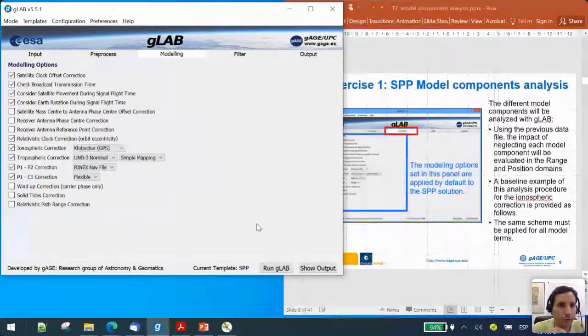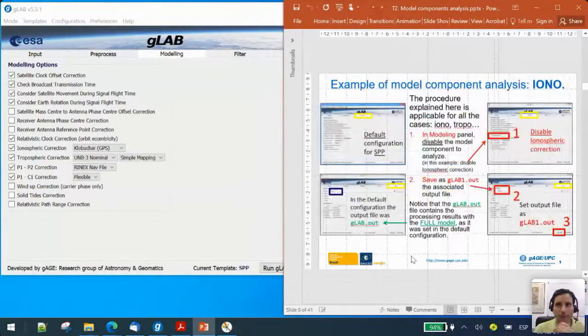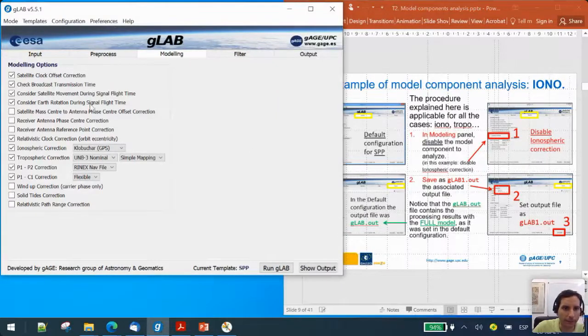So make the effort to think on these preliminary questions. Okay, so we have the default modeling, and these are the default terms that we consider in the standard point positioning.